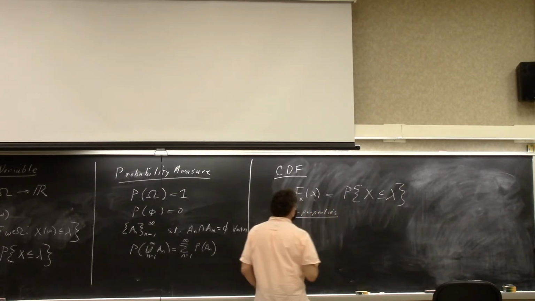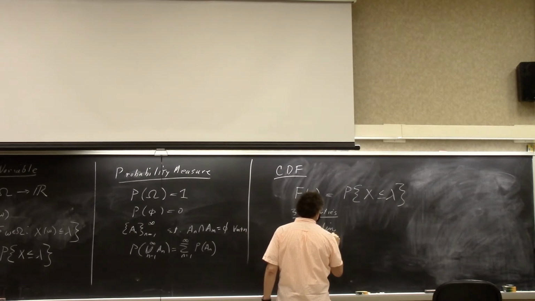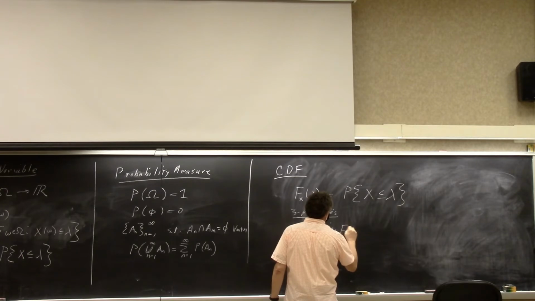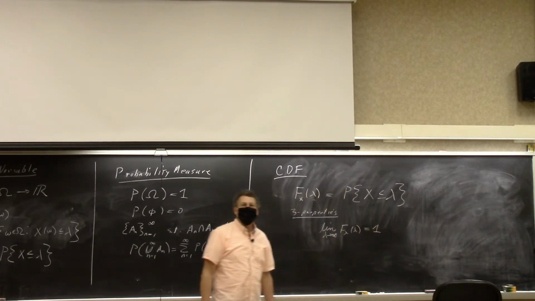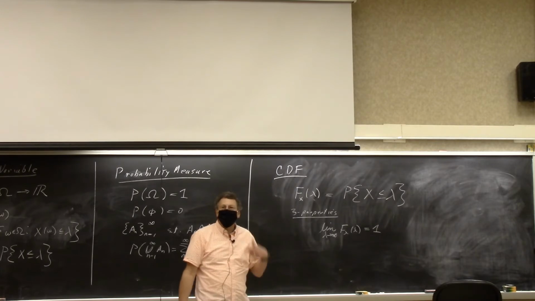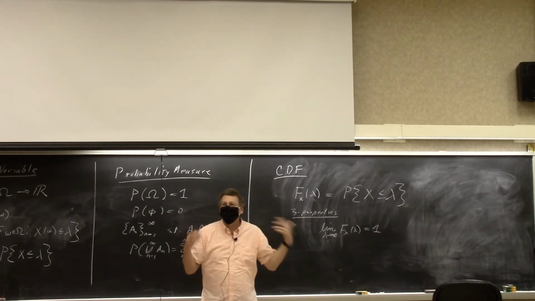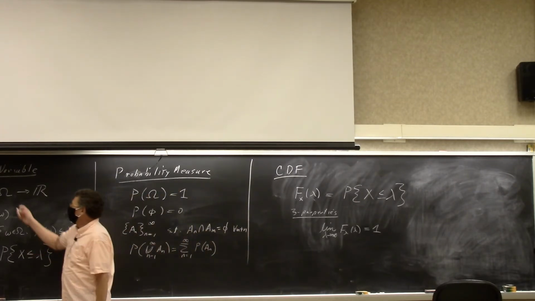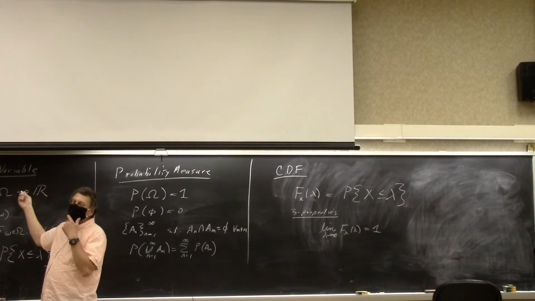The first property is that the limit as lambda goes to infinity of F_X of lambda equals 1, because the random variable has to, with probability 1, be less than infinity. Infinity is not a legitimate value for a random variable. I have this function going from omega to R, and R doesn't include infinity.